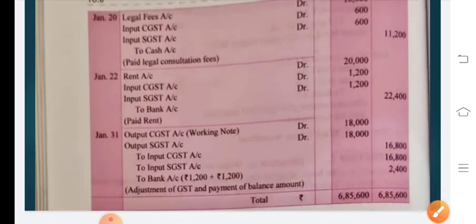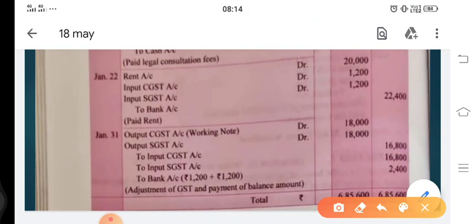And the entry is: output CGST was having a credit balance because it was a liability, and now since we are adjusting that liability, it has to be debited with 18,000. Same is the case with output SGST, which was having a liability balance, and will also get debited because it is a liability that is being written off.